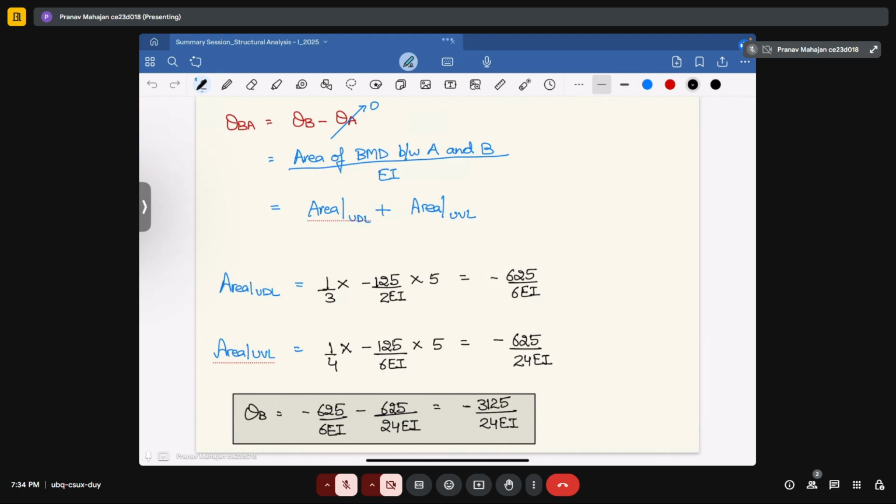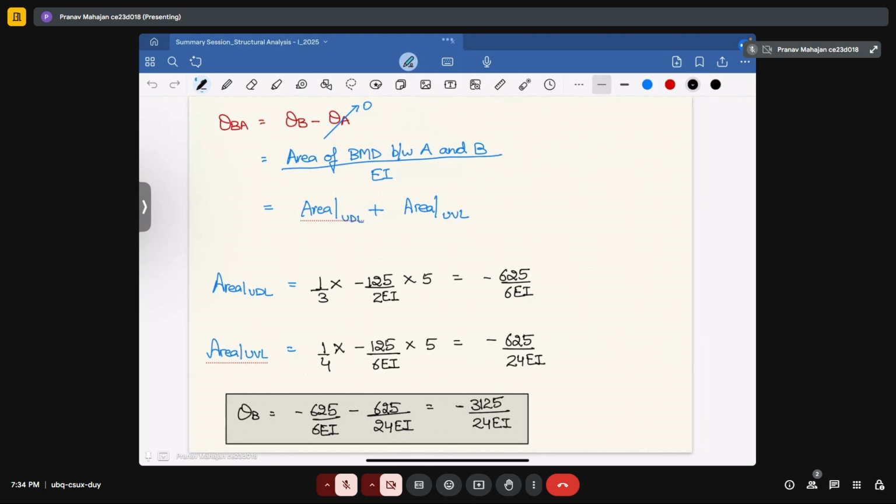If we calculate the area for both and sum them up, we get the slope at point B, which will be equal to minus 3125 divided by 24 EI.